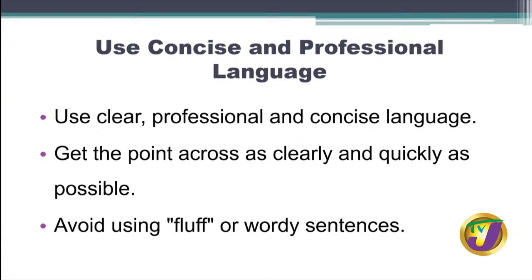So again, you don't want to go round and round and round. You want to make a straight path to whatever it is you're trying to convey, and avoid using fluff or wordy sentences. So don't get too verbose. Don't get too loquacious. Save that for another type of writing that encourages that. For this type of writing, conciseness is the key.